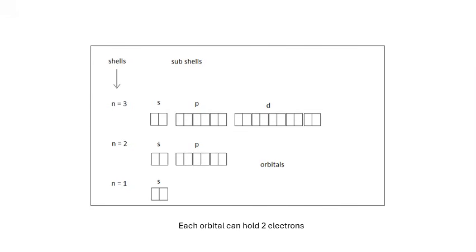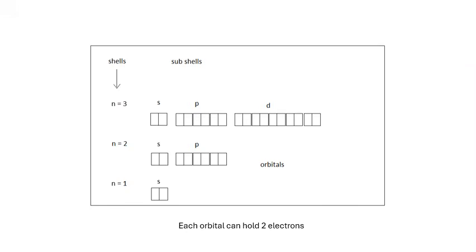So these are my subshells and these are orbitals. So an orbital is like 2 seats on the bus. Yeah, it's room for 2 electrons spinning in opposite directions. N equals 1 has just got 1 orbital, which is the s orbital. N equals 2 has got the s orbital, and then there are 3 p orbitals, so that's room for another 6 electrons.